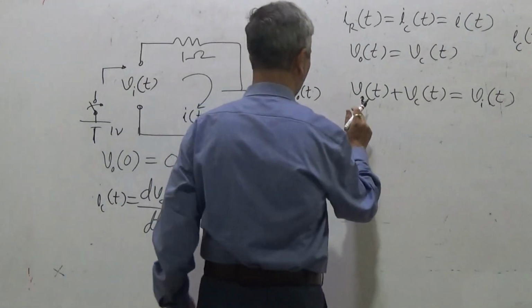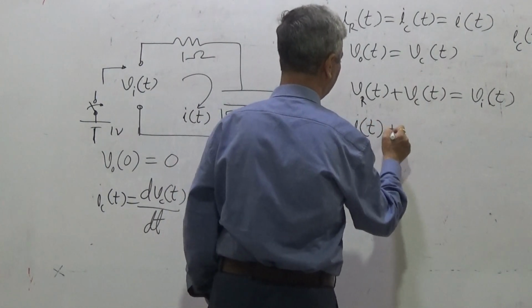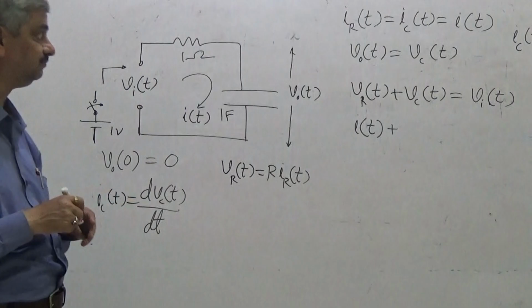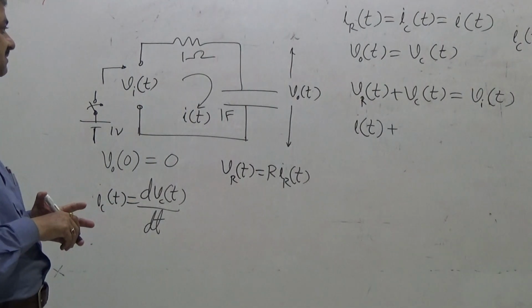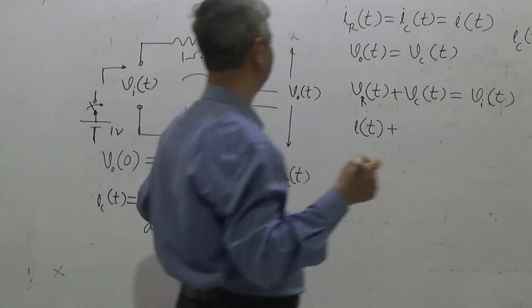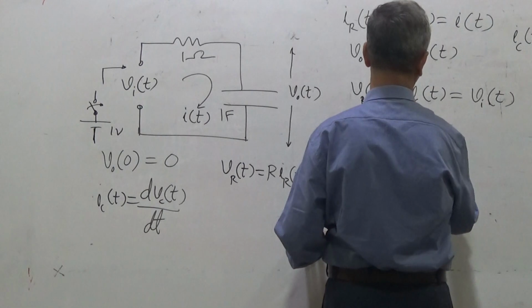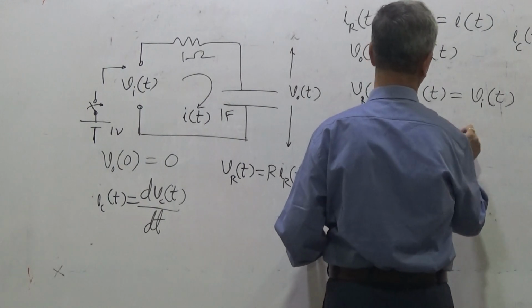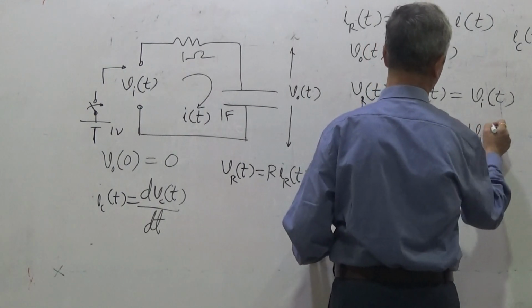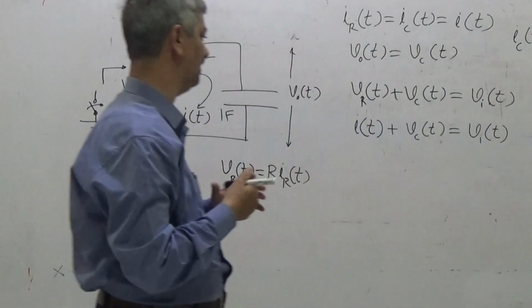So can I write V_R(t) as i(t) plus V_C(t) is equal to V_in(t). We go stepwise.